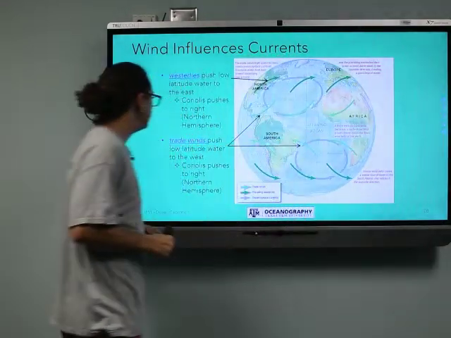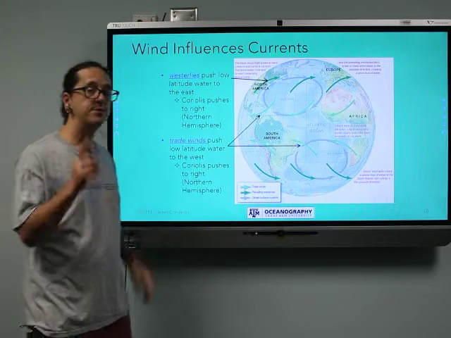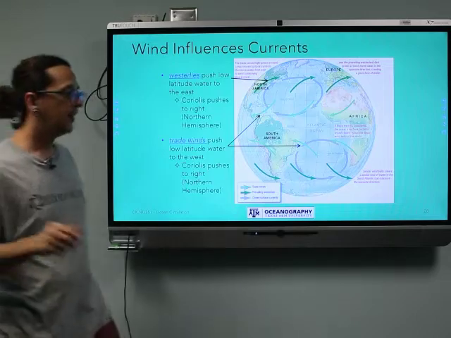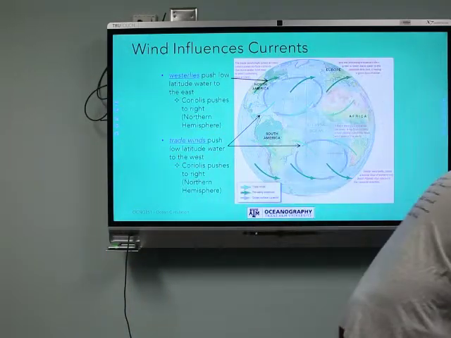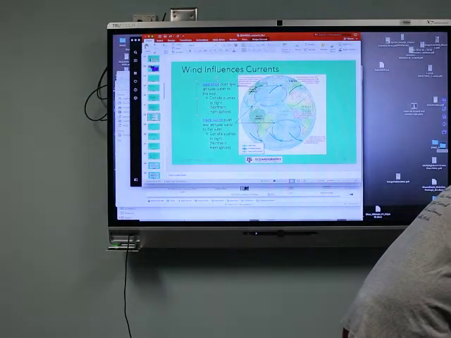And the trade winds push low latitude, I'm sorry, yeah, this is a typo. The trade winds push low latitude waters to the west. You know what, I'm going to stop this right now and correct it so that that mistake doesn't make its way into your slides, which I have not yet printed. I apologize for that. Let's say mid.